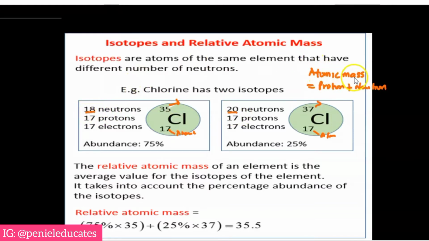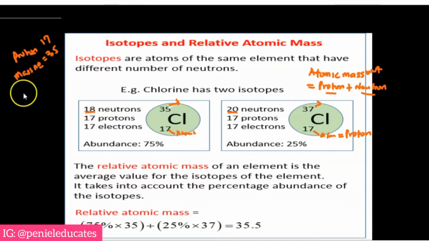Now, the atomic mass number is the number of protons plus the number of neutrons. The atomic number is the same as the number of protons. So for the isotope of chlorine of mass 35, we have the number of protons to be 17, and the mass number is 35.